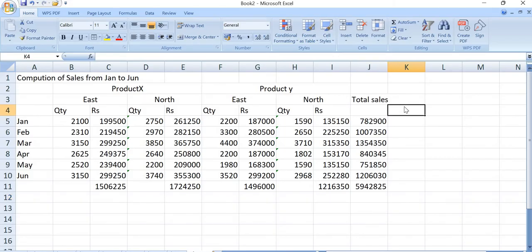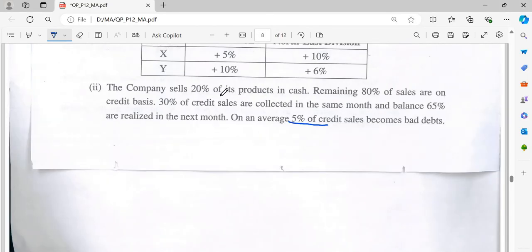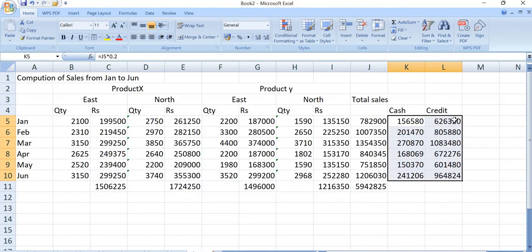So now the next step: we already calculated total sales, right? So we need to calculate cash and credit sales here. In the question they have mentioned 20% in cash, so the remaining will be credit sales.